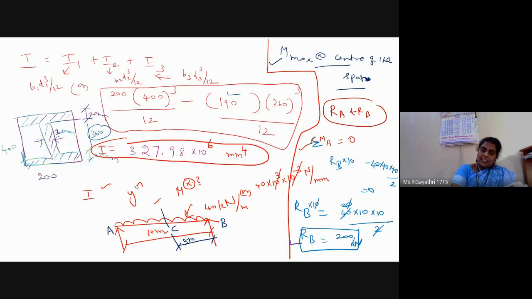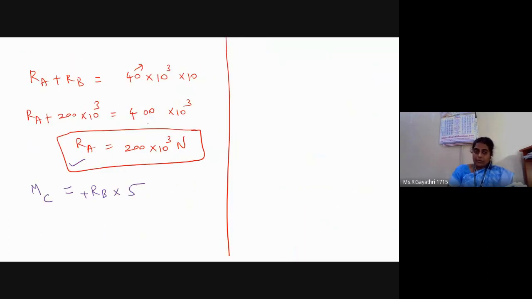We can consider the UDL from B to C, only the right portion of section C. So 40 into 5 into 5 by 2.